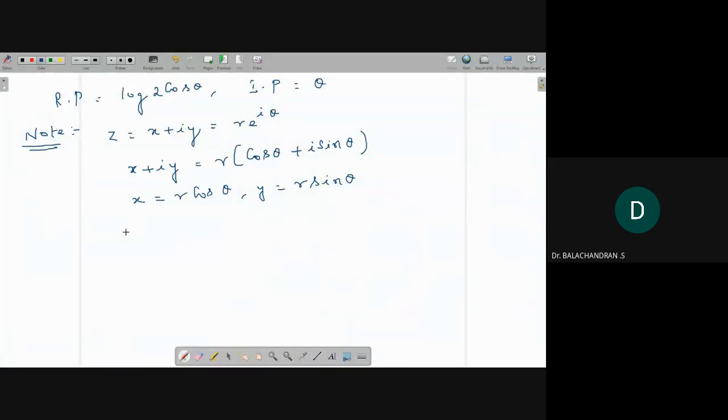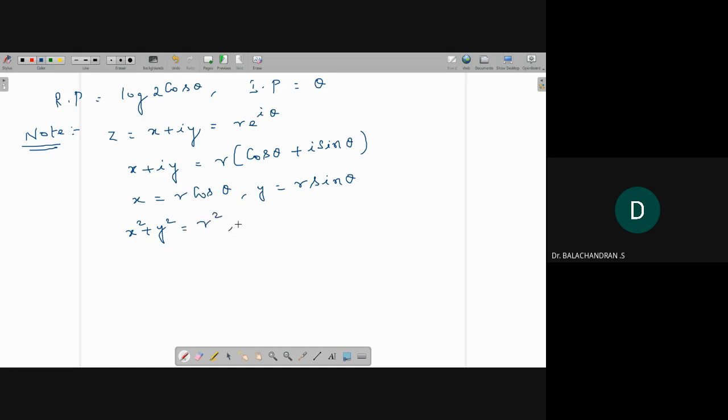Now, what is x square plus y square? r square, because r square cos square theta plus r square sin square theta. So if you take r square commonly, you have cos square theta plus sin square theta. So you have r square.